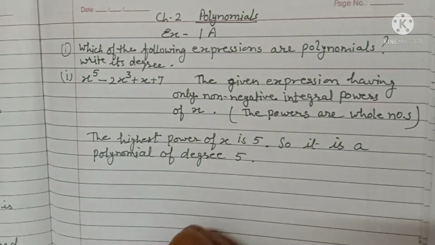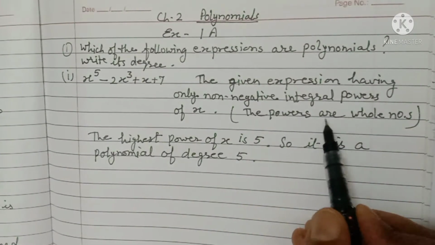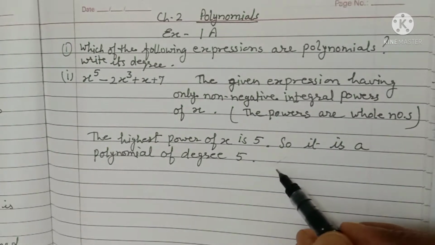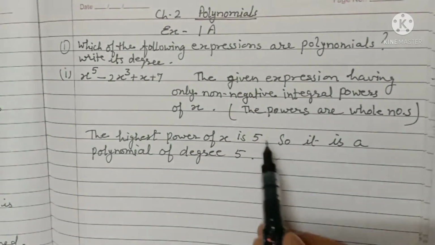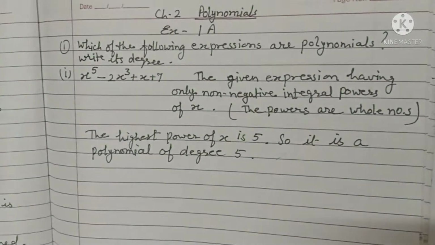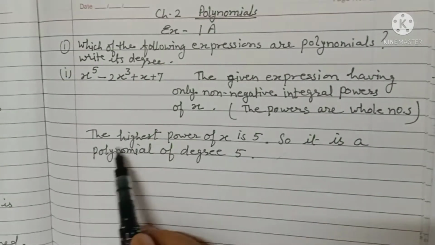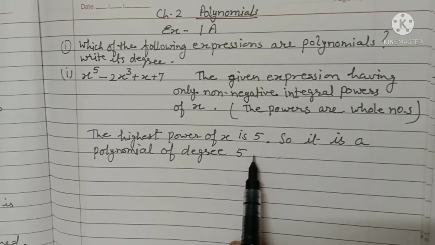For all the parts, you will write this statement if it is a polynomial. The language will be of this type, which I have noted: the given expression has only non-negative integral powers of x, and the highest power of x is 5, so it is a polynomial of degree 5.